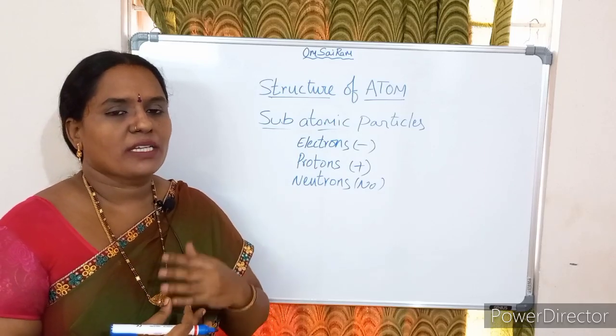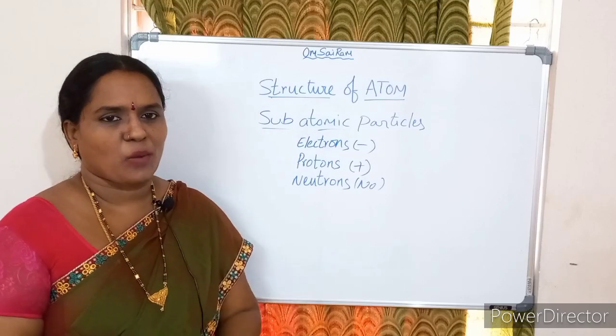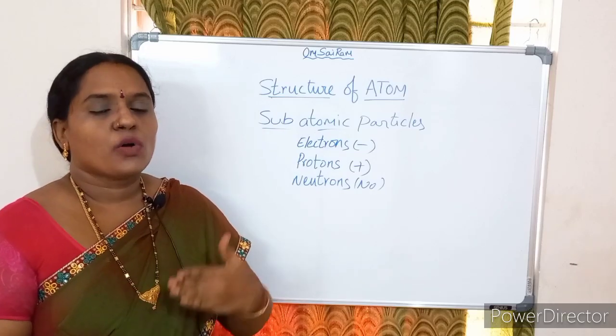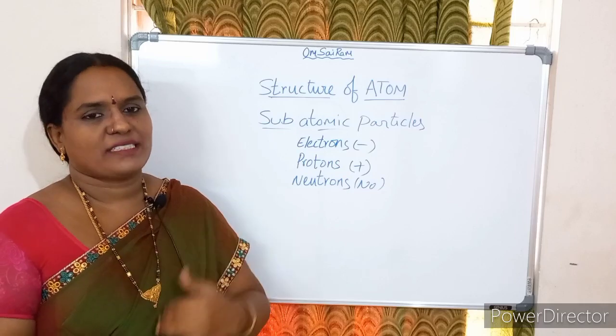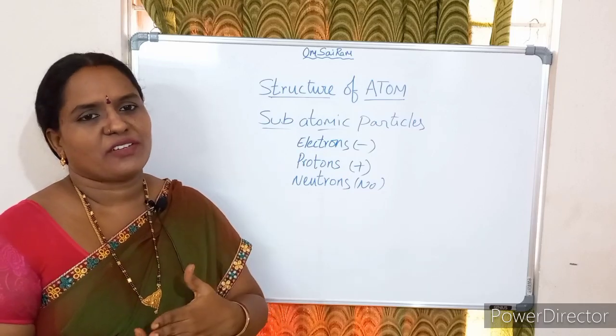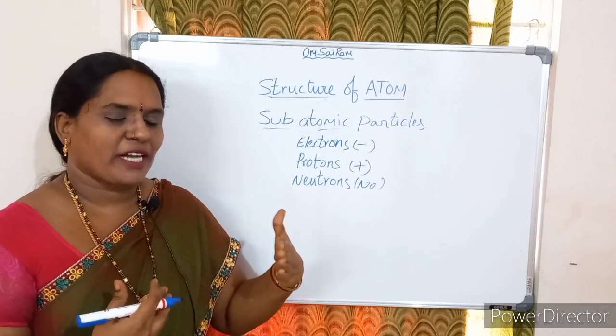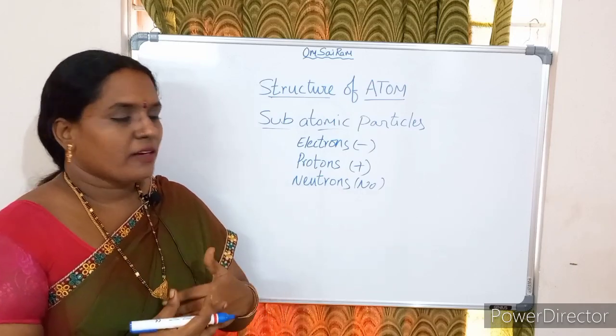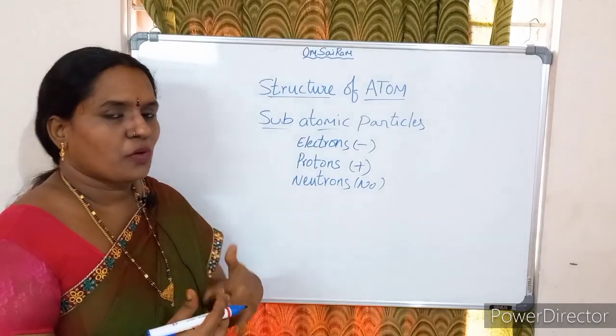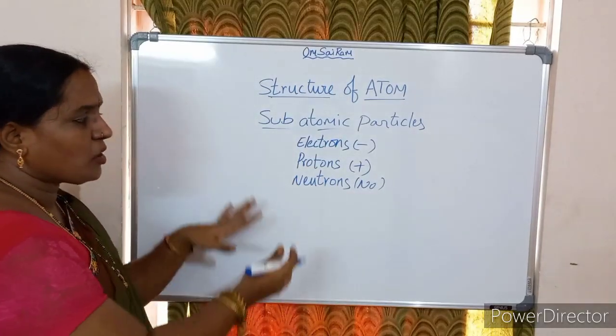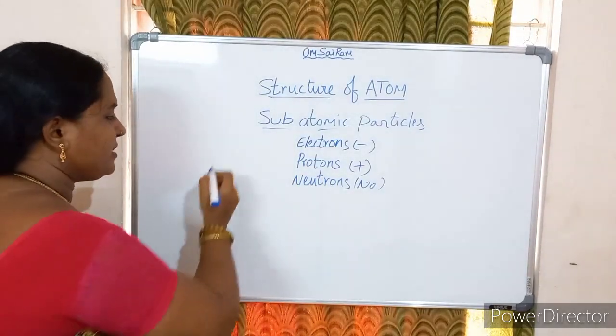Some points were not satisfied by the J.J. Thomson model. Later, the Rutherford model came into existence. After a few years, Rutherford proposed an atomic model in his own way. According to Rutherford, the atom contains positive charge at the center.